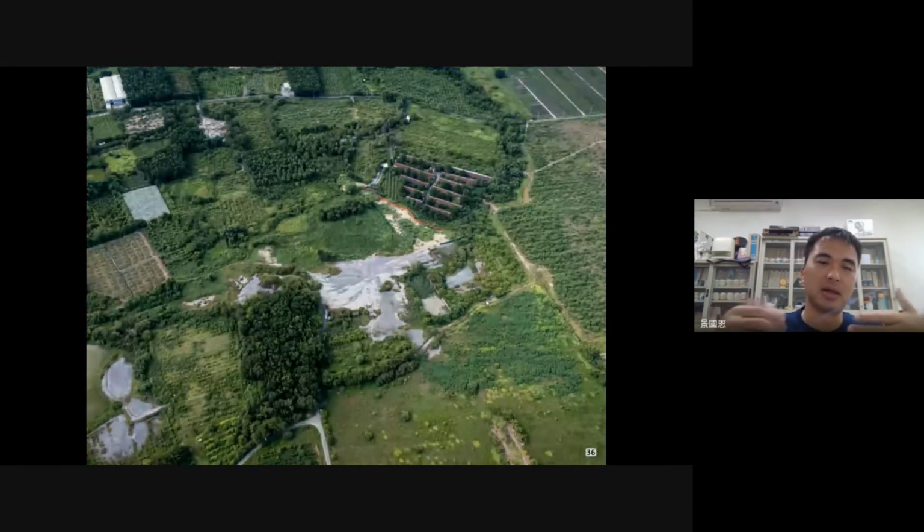That means the fault will move 2 centimeters in 1 year. Okay, and 2 centimeters per year is an extremely high slip rate in the world.